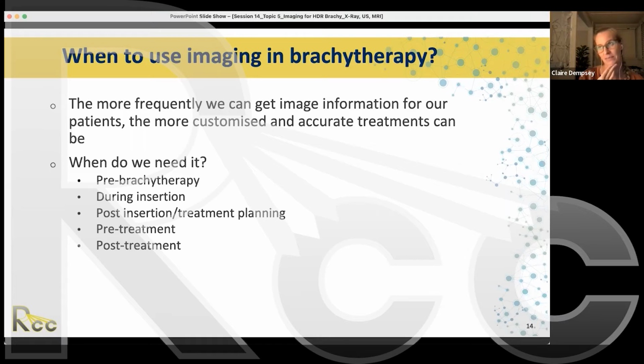The more frequently we get image information from our patients, the more accurate our treatments can be, and the more customized we can make them for that individual patient. So we can make sure we are covering the whole tumor at the time of that particular treatment, and that we actually did what we planned to do for each of our patients.